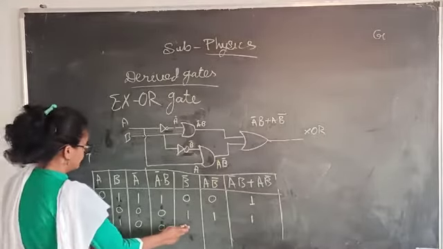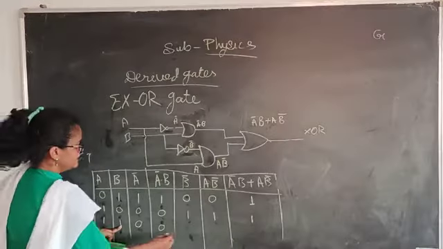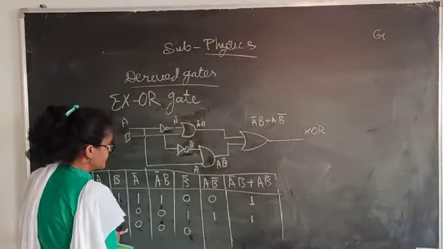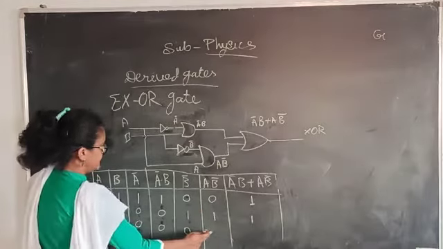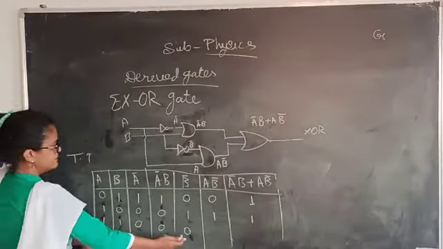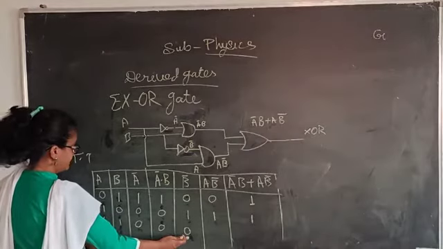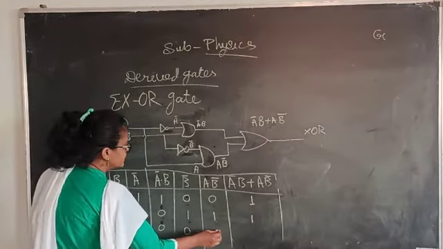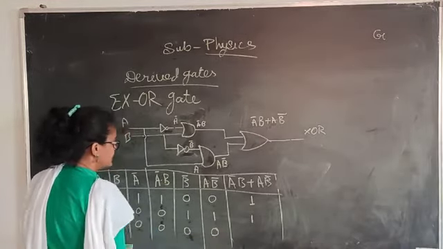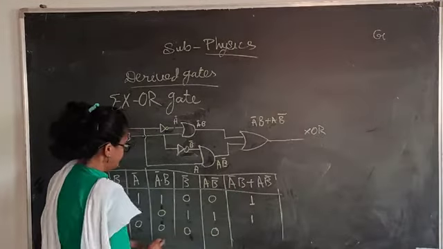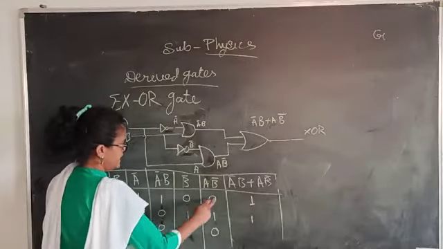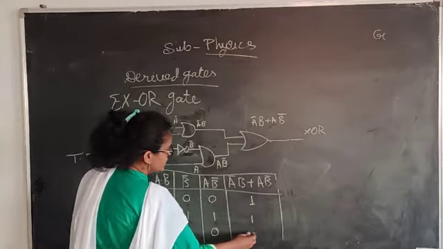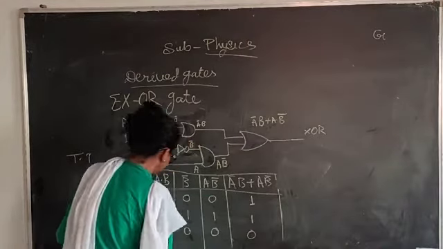Now B is 1, B bar is 0. Here A and B bar, A is 1, B bar is 0. So output here is 0. Now A bar B is 0 and AB bar is also 0, means this is low.